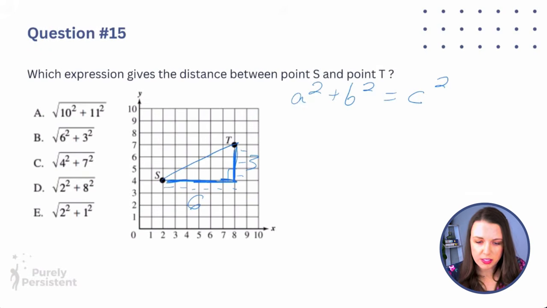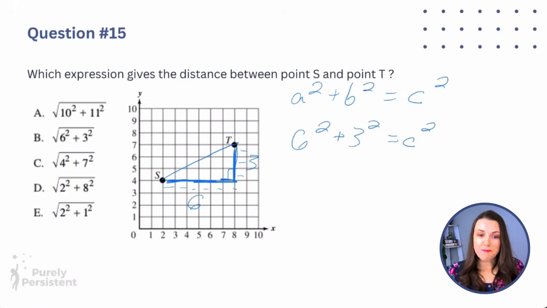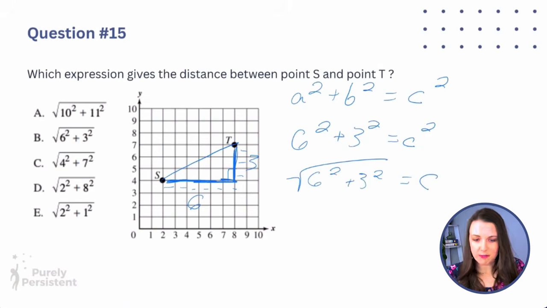So I have here 6 squared plus 3 squared equals c squared. Okay, but I'm looking for the distance. So here, to get rid of the c squared, what I could do is turn the rest of it into a square root. So I can take the square root of 6 squared plus 3 squared equals c. And there's my answer, B, okay?